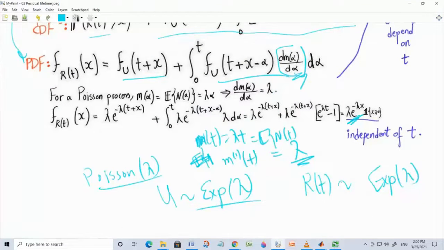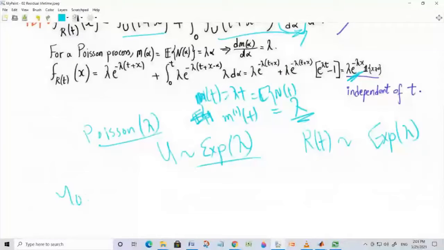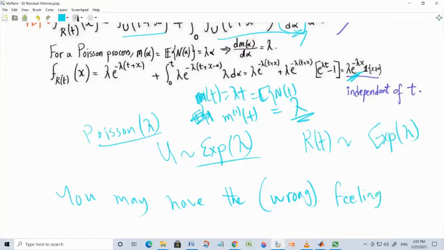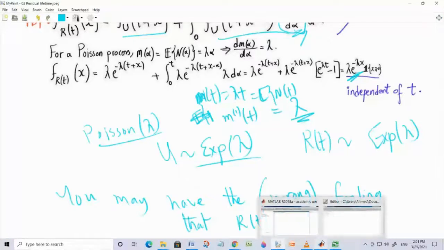Now, there is something some people call a paradox. It is not really a paradox, but you may have the wrong feeling that the residual time is always smaller than the inter-arrival time, that R of t is less than or equal to the inter-arrival time.